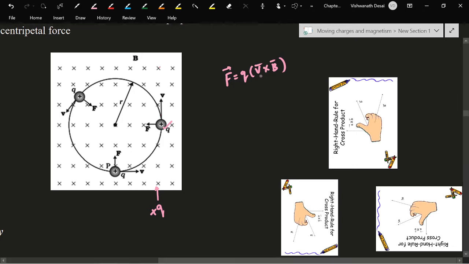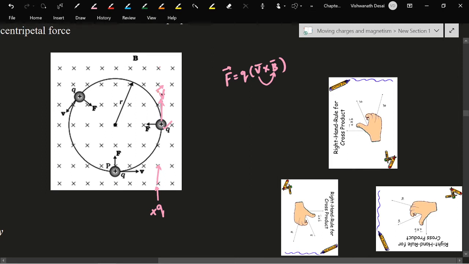So we have to curl our fingers from V towards B. Here the charged particle is moving in this direction, so this is the direction of velocity of the charged particle. So what is the direction of force? You have to curl your fingers from V towards B.